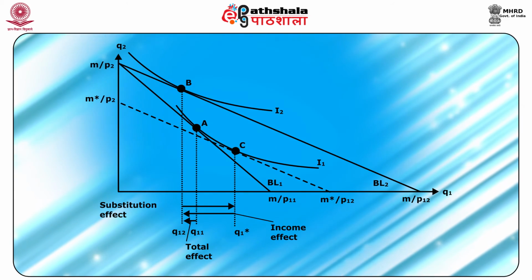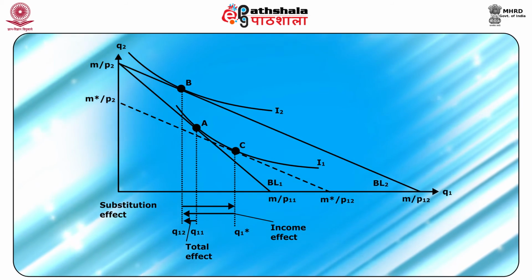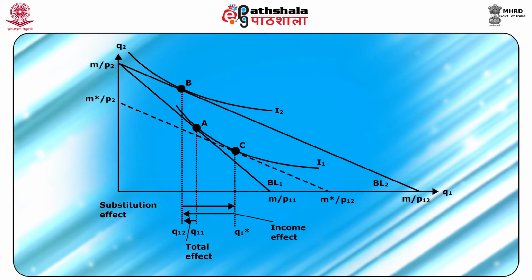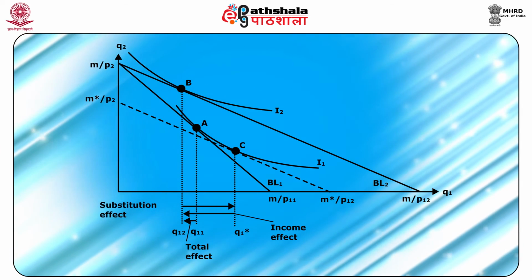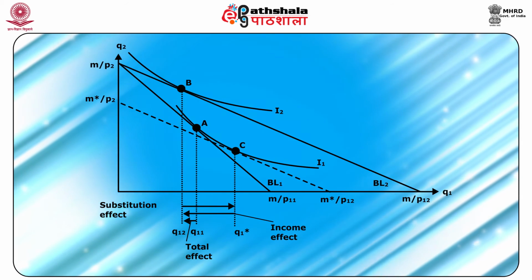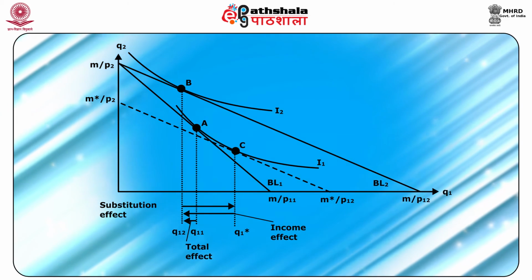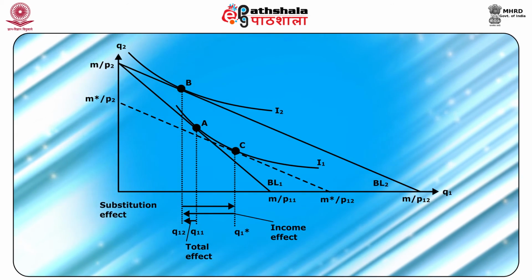Okay? But now let us consider the case where the price effect is from the movement in figure number 3, the movement is from A to C, and here the price has fallen and the consumption has increased from Q11 to Q1 star. But on the other hand, the income has not increased, the income has been restricted, and the additional income has not been given back to the consumer.